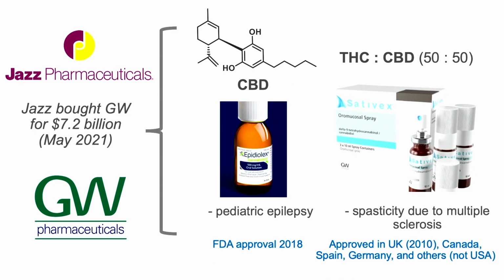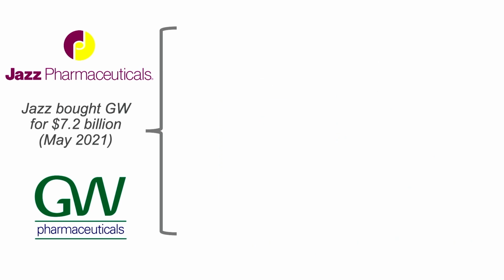Now, GW Pharmaceuticals was sold to Jazz in 2021 for $7.2 billion, kind of at the height of the cannabis bubble. And these are the 2 products that were purchased. Epidiolex is now selling like $1 billion a year. This Sativex is not selling that much.